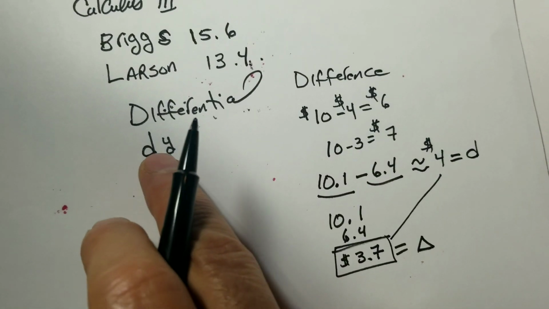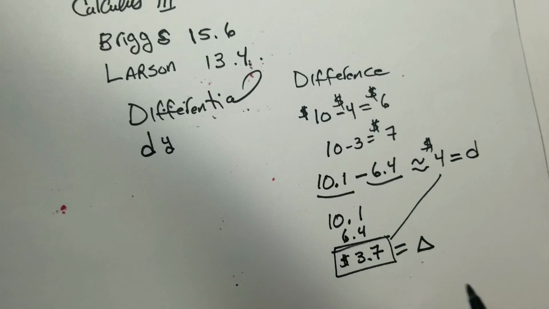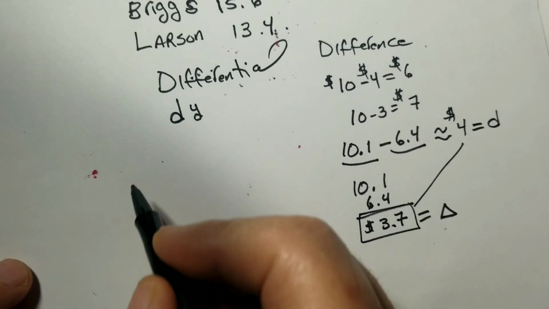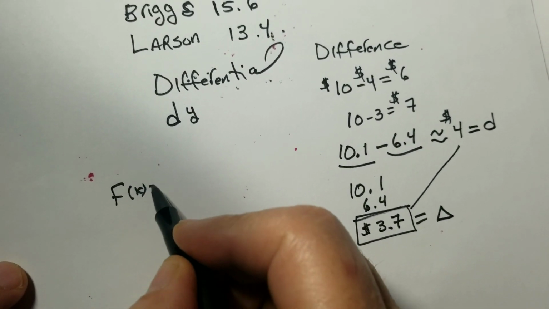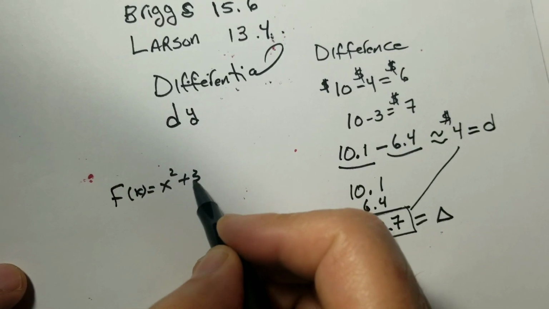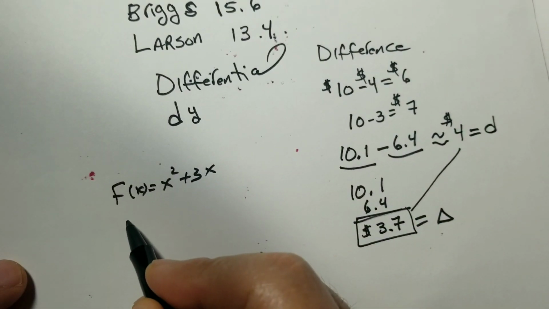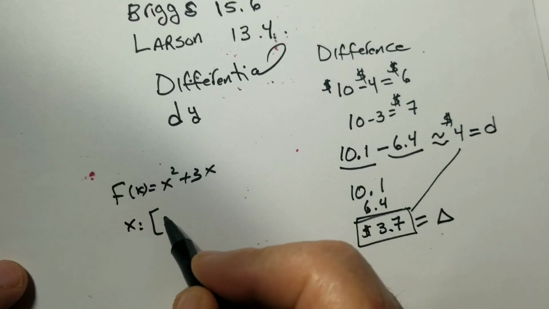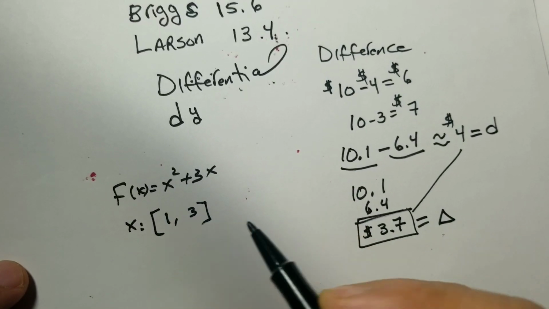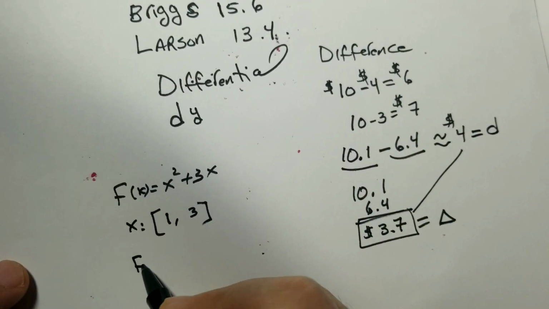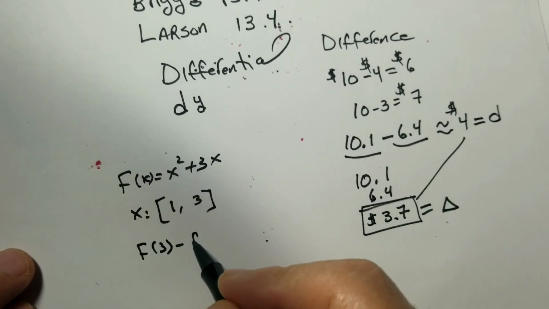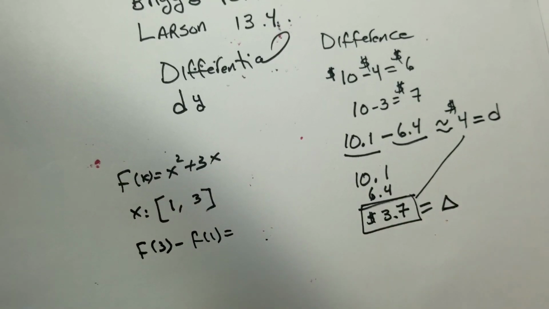And somebody said, how do you find the approximation? Okay, let me talk about exact. You have f of x equal to x squared plus 3x. What happens if your x goes from 1 to 3, and I ask, what is the exact change? You say f of 3 minus f of 1. That's exact.